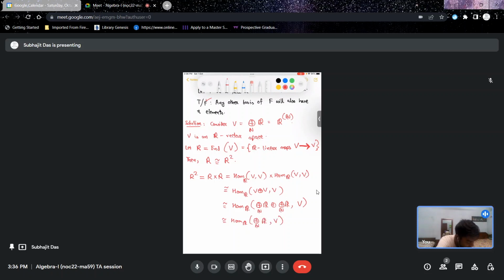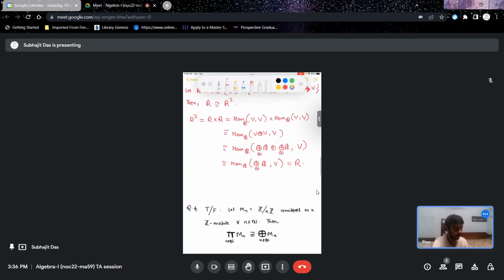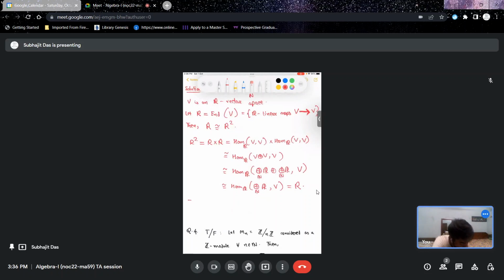That is Hom(V, V), which is just R, and which therefore says that R square is isomorphic to R, right? Thus R has a basis with one element and a basis with two elements. Indeed, what we did can be done for any n, not just two. You can just show that R is isomorphic to R^n, where n is some natural number. The same trick will hold.